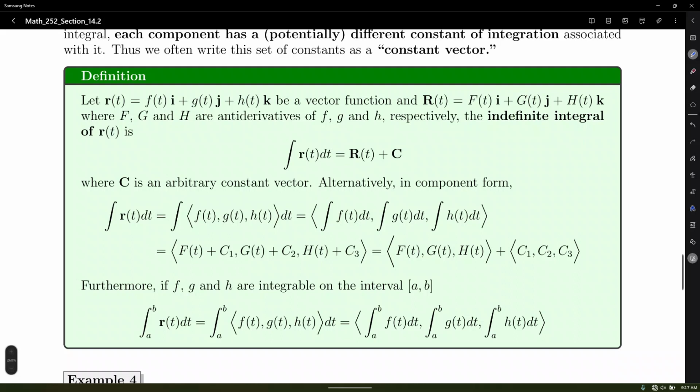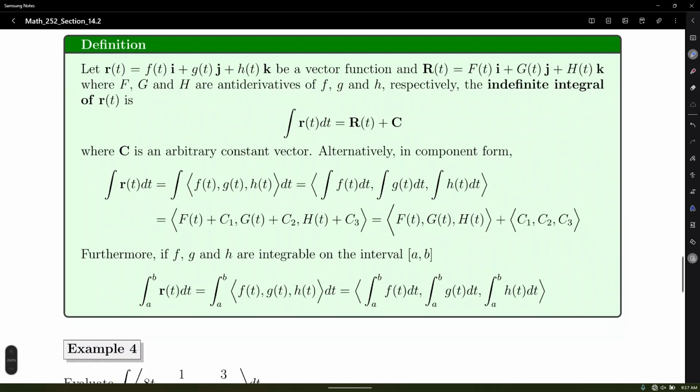All right. And the indefinite integral of a vector valued function, in the same way we integrated f of x to get the integral of f of x dx to get big F plus c.